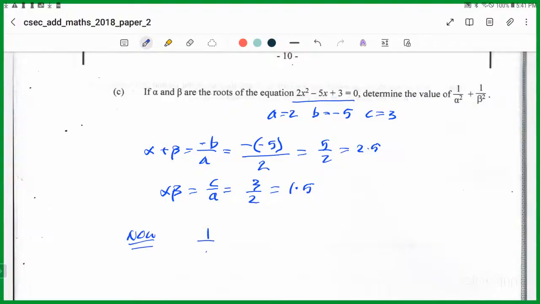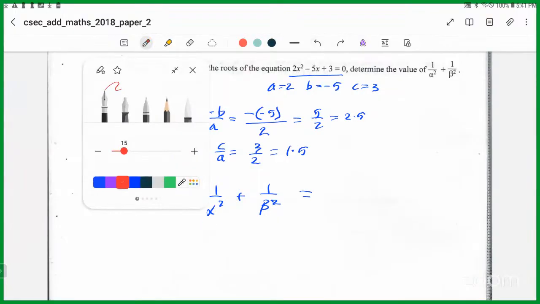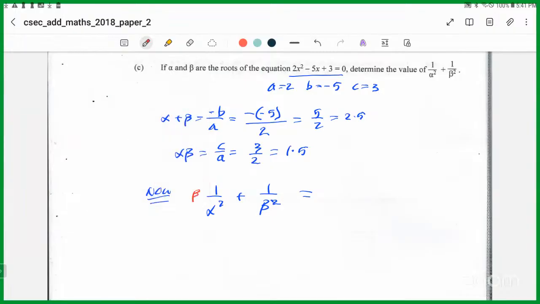1 over alpha squared plus 1 over beta squared. We want to make it into one fraction. It becomes equal to, multiply this one by beta squared over beta squared, multiply this one by alpha squared over alpha squared, so the two denominators become the same.